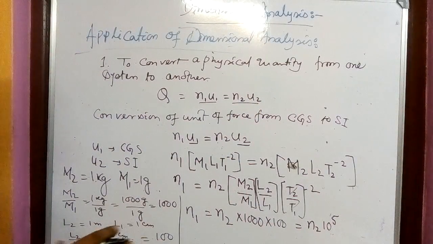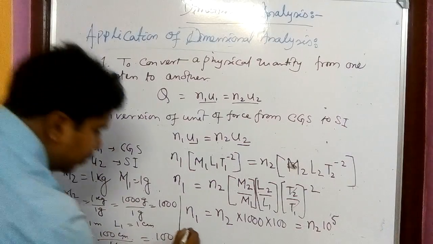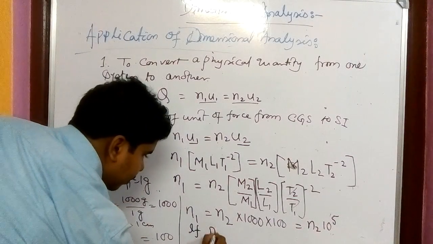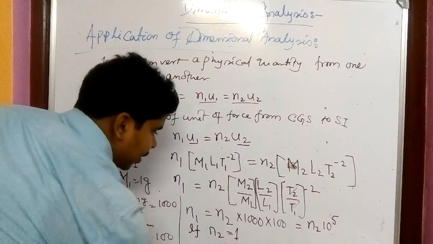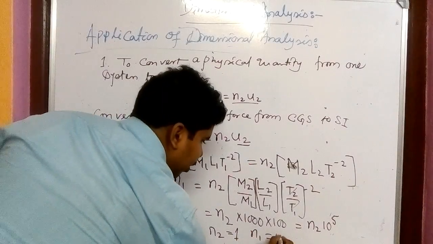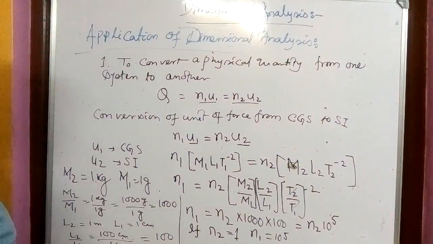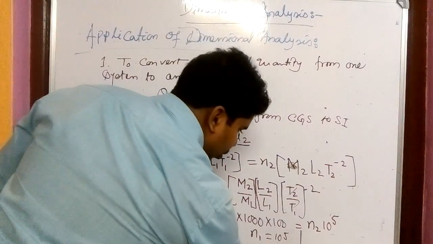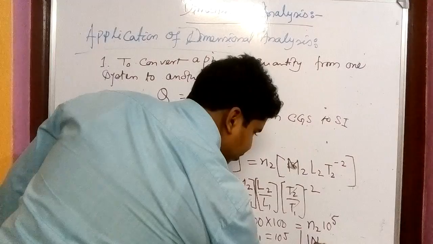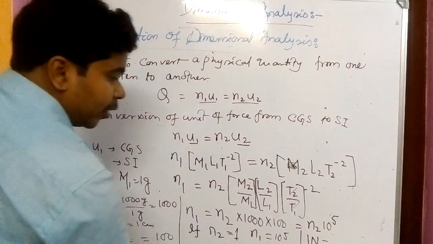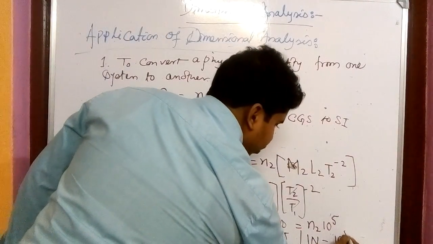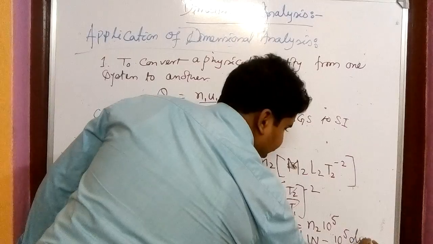So if N2 is equal to 1, then N1 equals 10 to the power 5. N1, you see, is the CGS one. So from here we can conclude 1 Newton, that is N2 we have taken 1, equals 10 to the power 5 dyne.